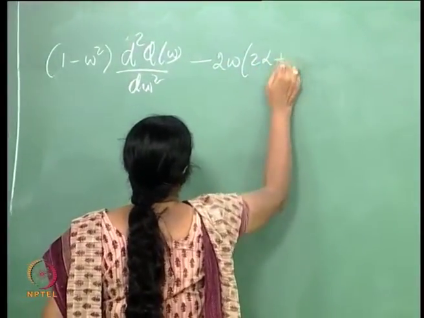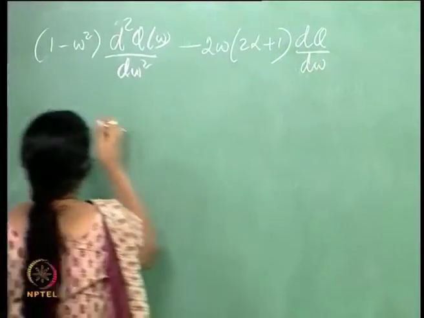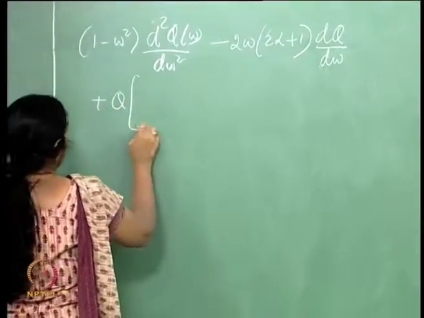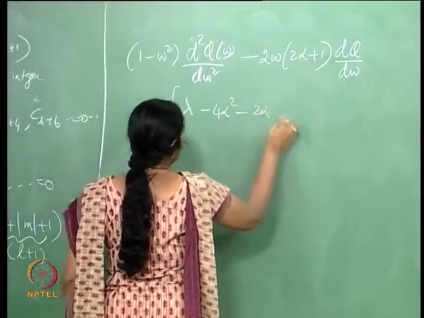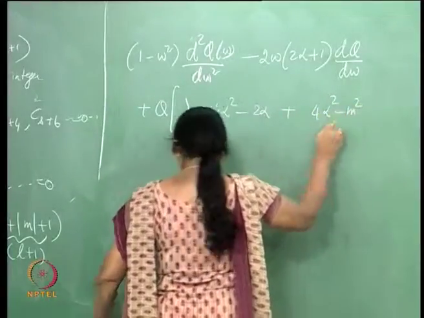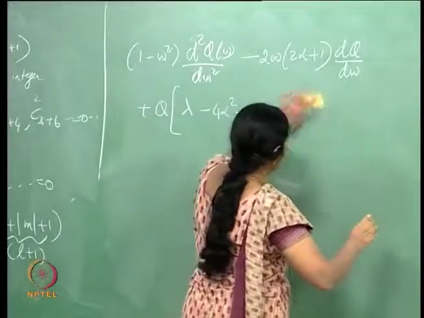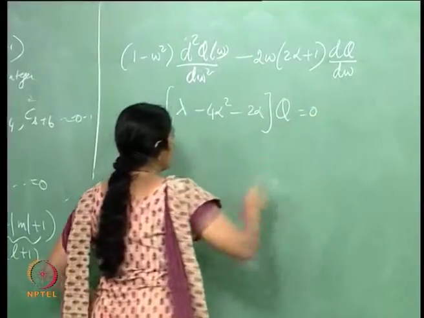minus 2w times 2 alpha plus 1 dq by dw plus q times lambda minus 4 alpha squared minus 2 alpha plus 4 alpha squared minus m squared by 1 minus w squared, and that term dropped out, is equal to 0.